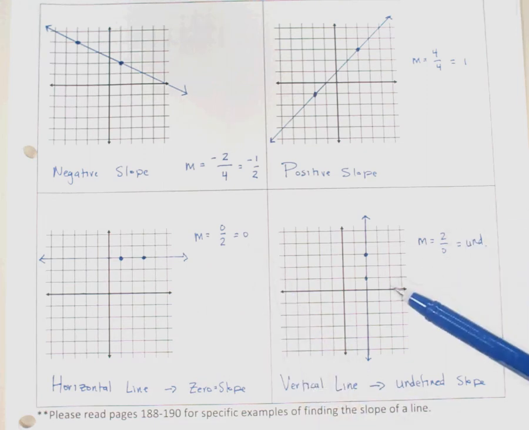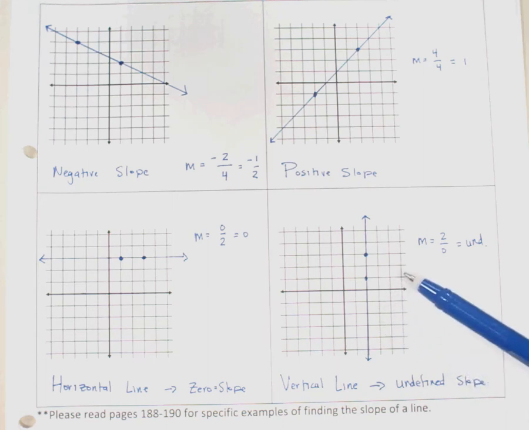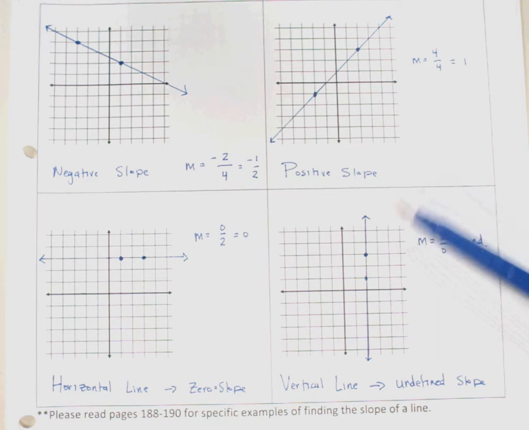On the right side, we have an example of a vertical line. Vertical lines always have slopes that are undefined. The reason they're undefined is because we never move to the left or to the right, and therefore my run is always 0. And any time you have 0 in the denominator, it makes that specific value undefined.